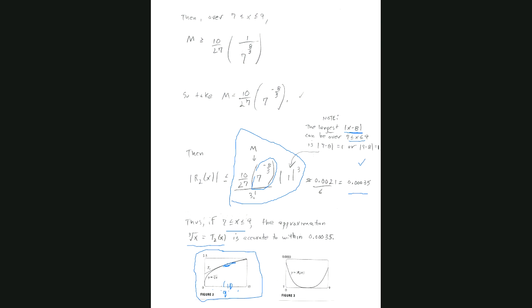I need just a couple minutes. What I want to do is show you how to apply the second degree Taylor polynomial approximation. Let's say you wanted to approximate the cube root of 8.24. Maybe you're on a desert island and you don't have a calculator. How are you going to do that?